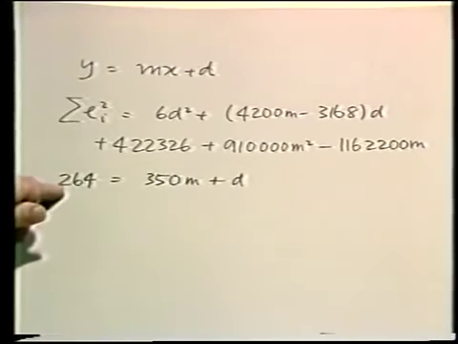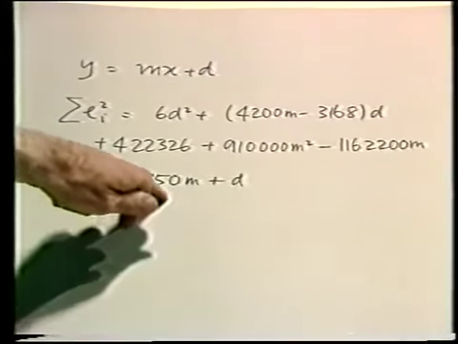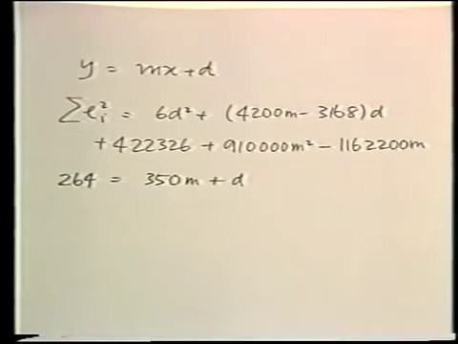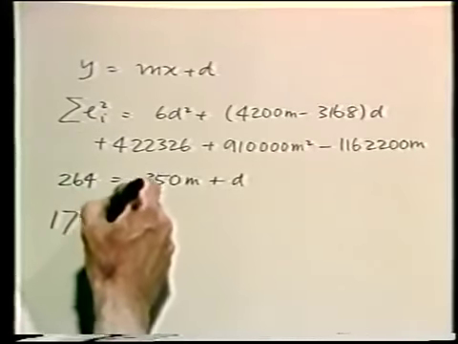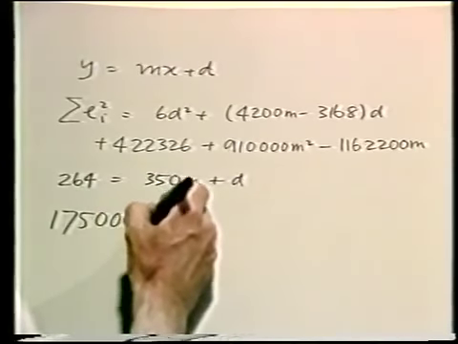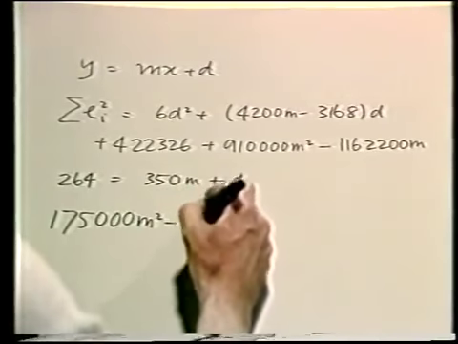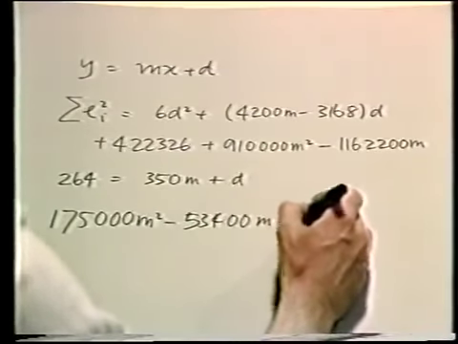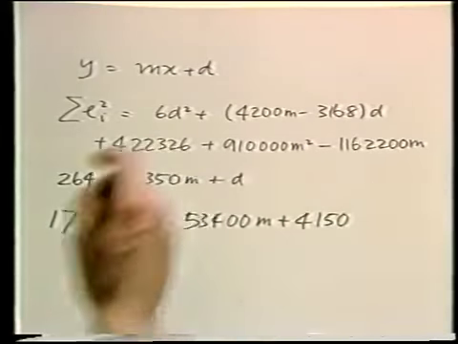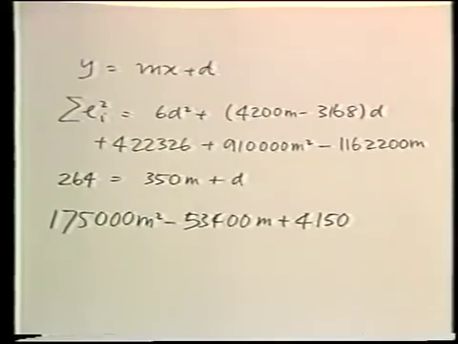That is, to substitute 264 minus 350m for d. Well, if I do that, I get, for the total error function, 175,000 m squared minus 53400m plus 4150, believe it or not.